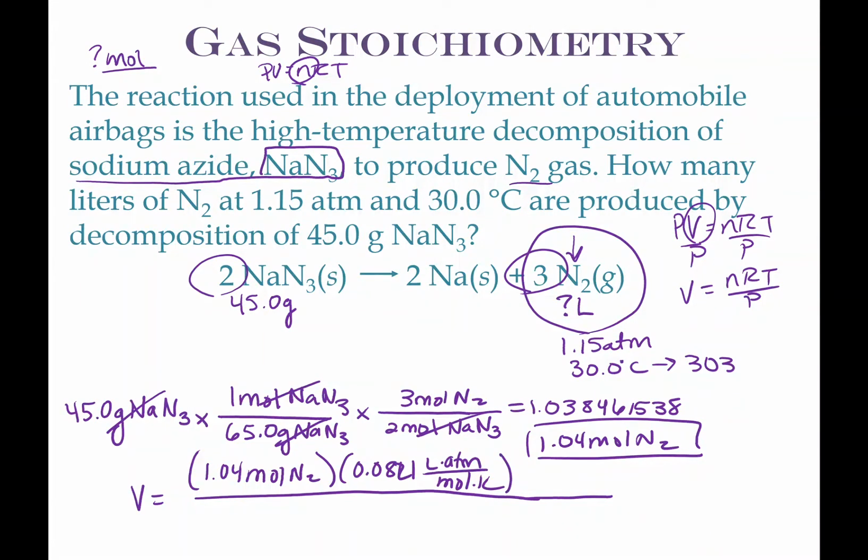All right, then T, which is, just double check, 273 plus 30 is 303 Kelvin, divided by the pressure. The pressure is 1.15 atmospheres.